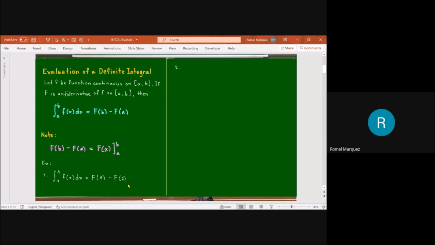By the way, here, big F is an antiderivative of what? Of small f. Where F is an antiderivative, meaning integral, no?